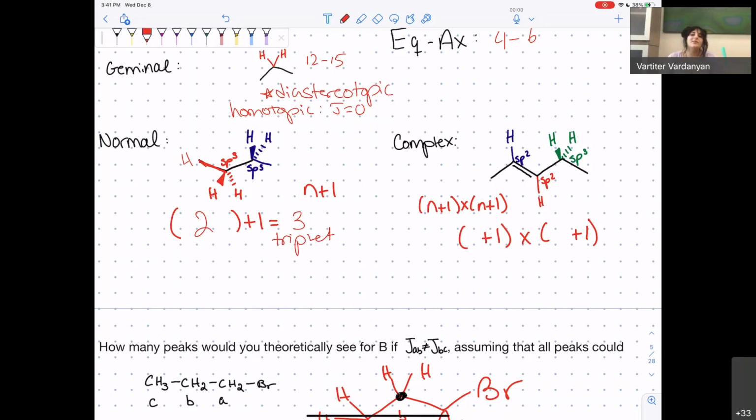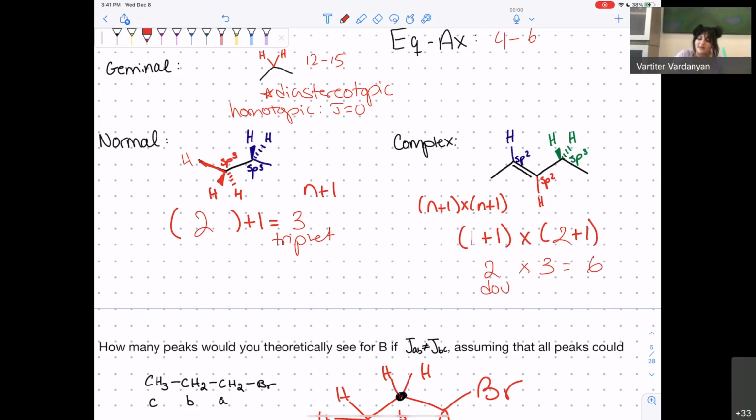Complex splitting is when we have different hybridizations. So the red hydrogen is sp2, the blue hydrogen is sp2, and the green hydrogens are sp3. So we're going to do the left side plus 1 multiplied by the right side plus 1. So we have 1 neighbor plus 1 multiplied by 2 neighbors plus 1. This turns into 2 times 3, which equals 6.